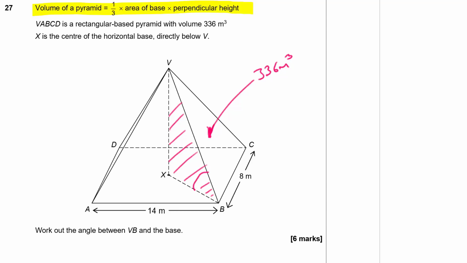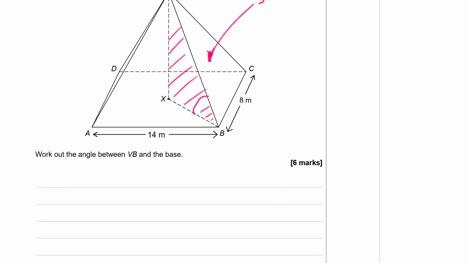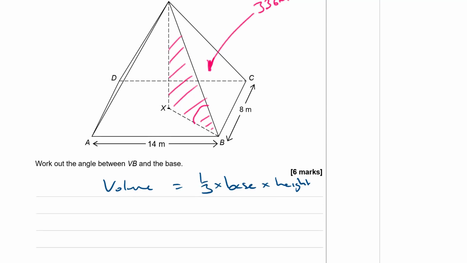Let's start off with the volume of the pyramid. So volume equals a third of the base times the height. In this case, the volume was 336 equals a third times the area of the base, which is a rectangle, 14 times 8, times the height, which we don't know, let's call it h.